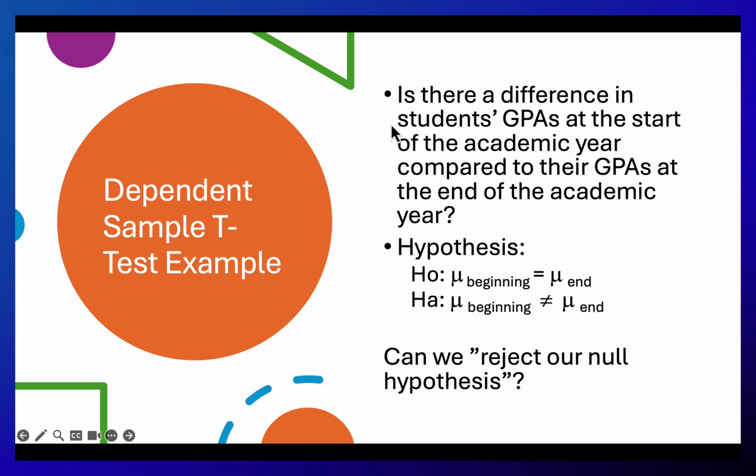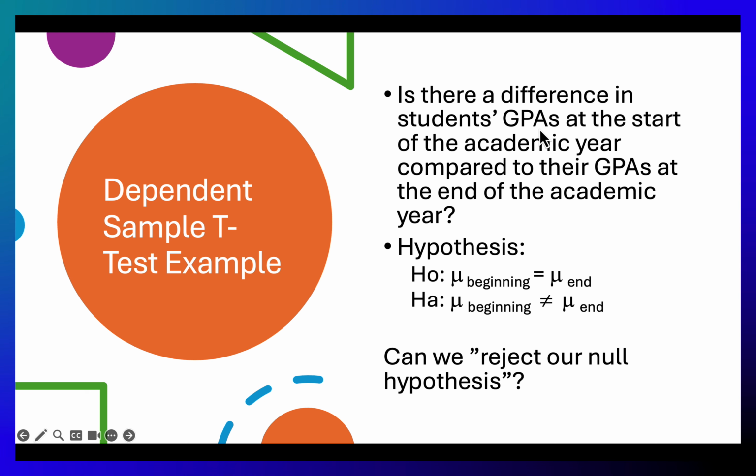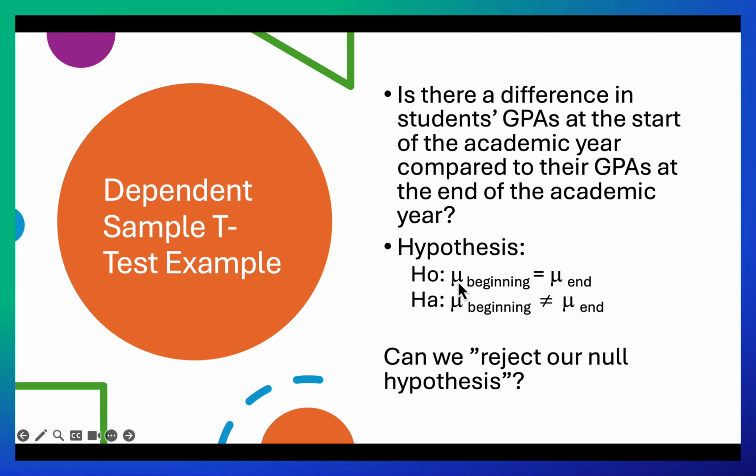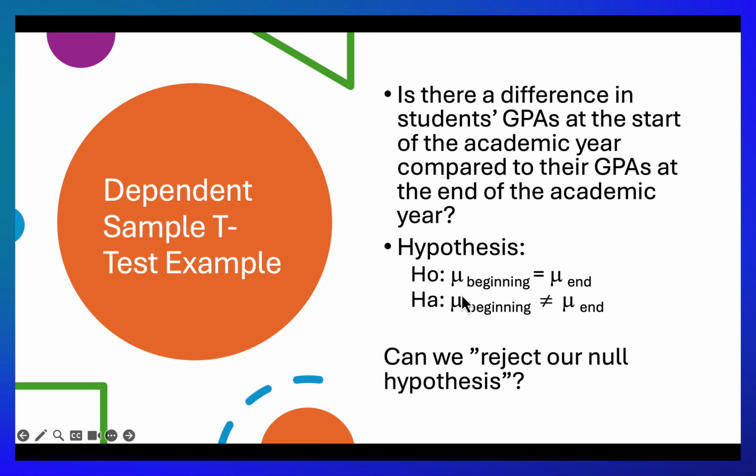Or if you're just interested to see, here's our example, if there's a difference in students' GPA from the start of the academic semester compared to theirs at the end of the semester. Basically, we want to know if the same people at two different points in time have equivalent means. So our null hypothesis would be that the means are the same from the beginning to the end of our population.